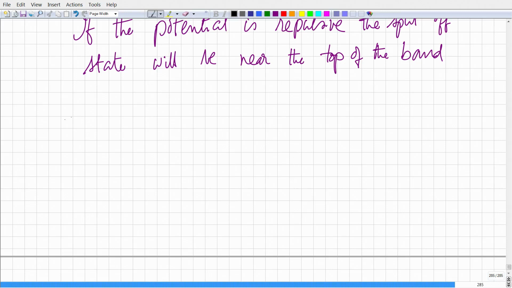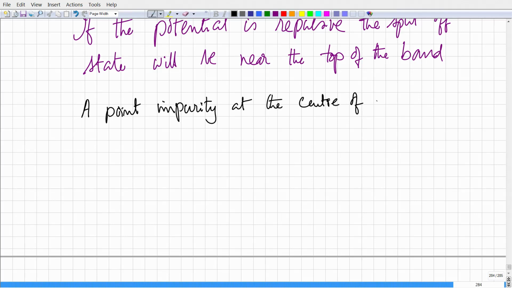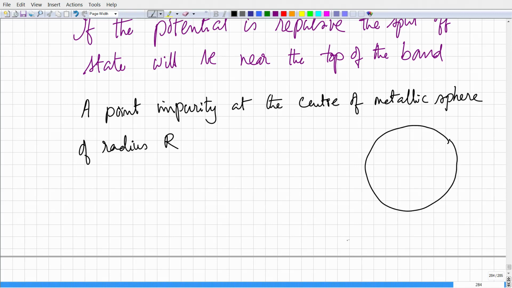The problem that we are going to consider is a point impurity at the center of a metallic sphere of radius, let us say, capital R. So what I am looking at is a sphere with an impurity here, and the radius of this one is R. I want to know what happens to the distribution of the electrons around the impurity because of scattering by the impurity.